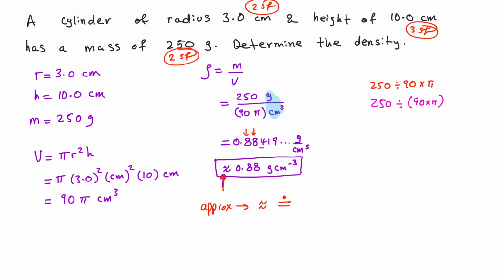Now, just before I finish the video, a very quick example of how we would change this to kilogram per cubic meter, because I know that some students might be struggling with that. So if I'm changing the units of 0.88, and I'll go over this quicker than what I usually do, I want to change the grams into kilograms.